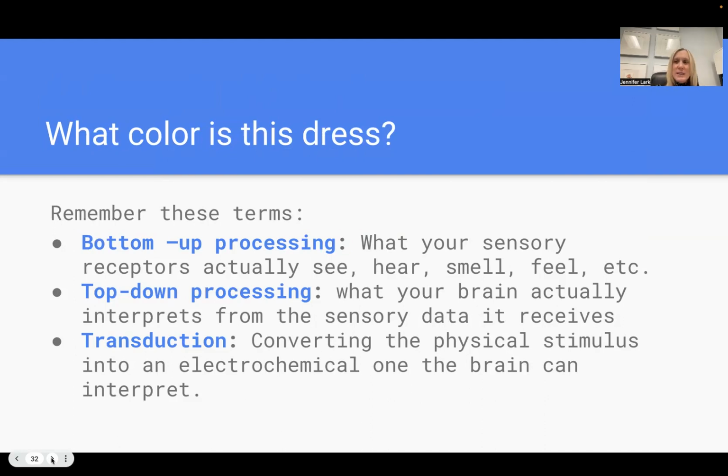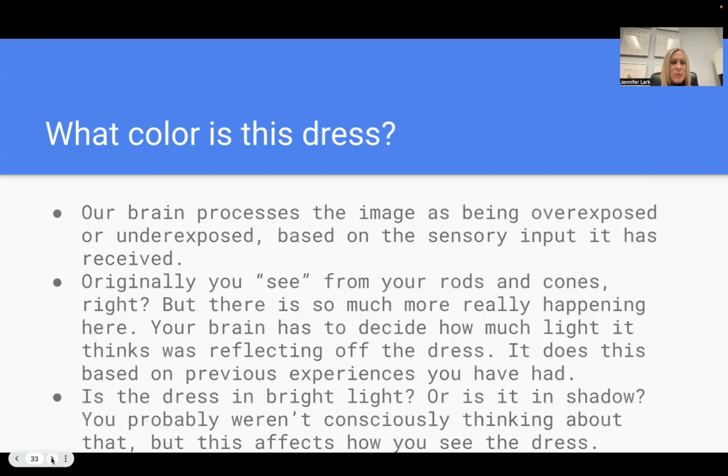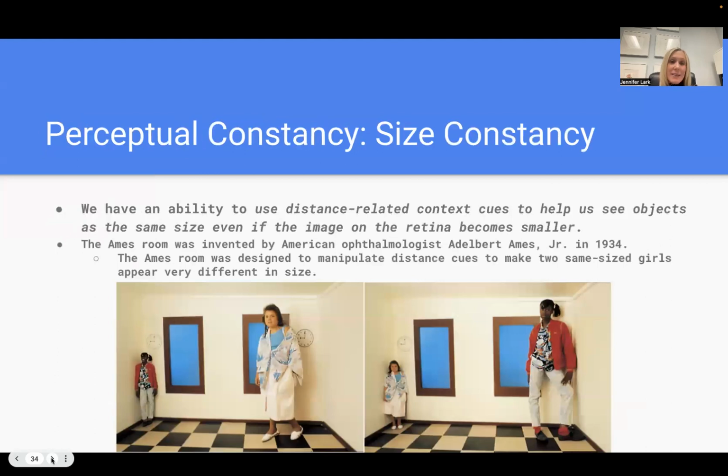And so it's so easy for any part of that to break down a little bit, and then one person is seeing something totally different than another person. So our brain processes the image as being overexposed or underexposed based on the sensory input that it's received. Originally, you see from the rods and cones in your eyeballs, but there's so much more really happening here. And so we're going to talk about this next time in class when we look more specifically at how vision works.